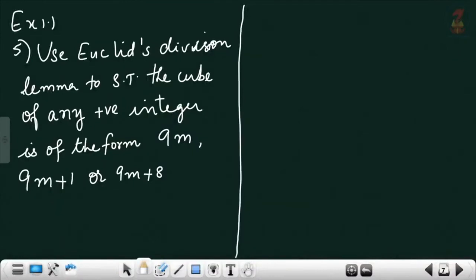Next is exercise 1.1, fifth question. Use Euclid's division lemma to show that the cube of any positive integer is of the form 9m, 9m plus 1 or 9m plus 8. So, let a be an integer.